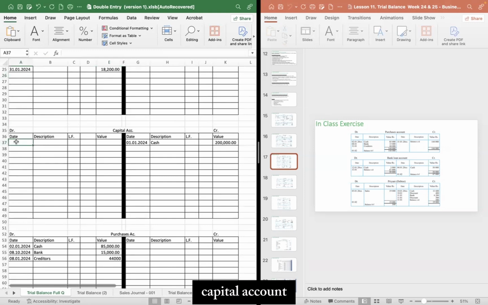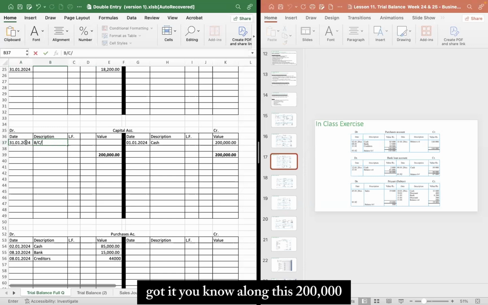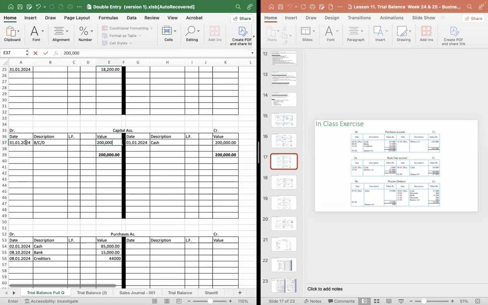Capital account: balance carried down, amount is 200,000.